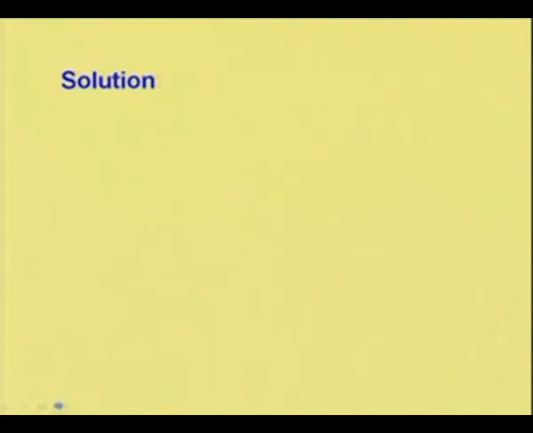Now, we know kya, which is 0.07 mole per meter square second, which is equal to 0.07 into 3600 kmol per meter square hour.